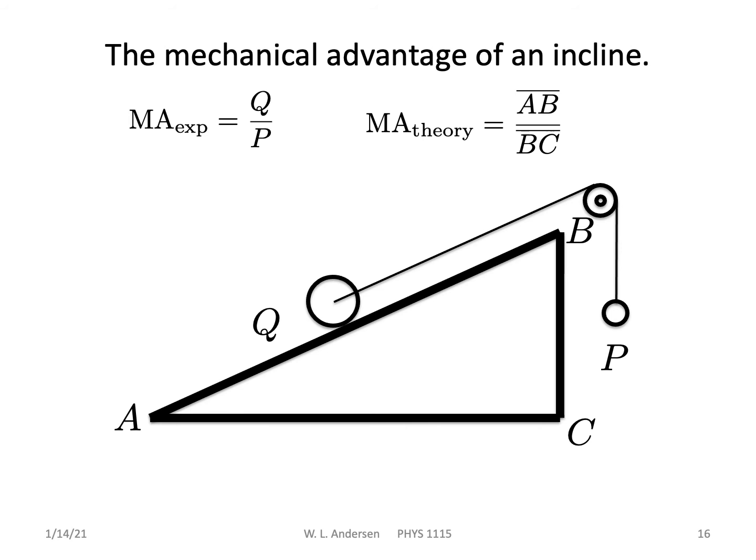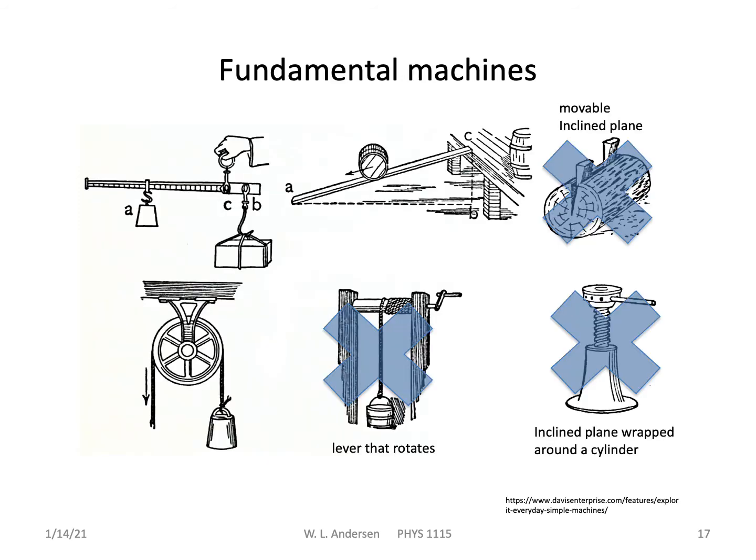So in our list of fundamental machines, we find that the incline is equivalent to an imaginary lever. And so we can eliminate the incline as something entirely different from the lever action.